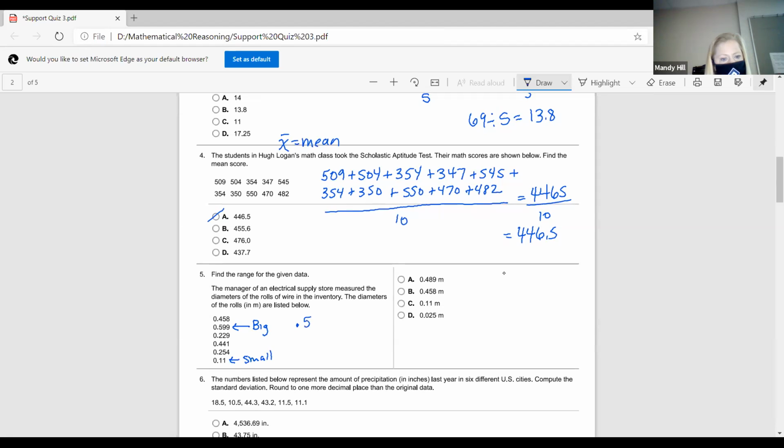So we need to do 0.599 minus 0.11. So big minus small, that's how you find range. And it is 0.489, which is A. Questions about that? Pretty easy.